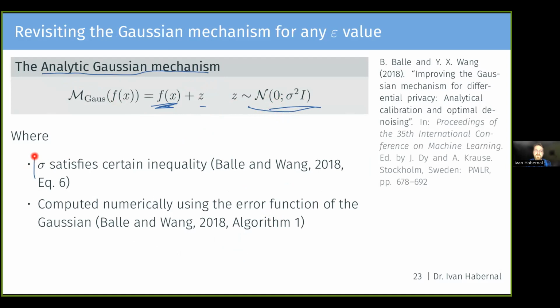But how we determine the standard deviation or the variance is much more complicated than in the previous one with the simple formula. Now the formula is much more complicated, and typically it's computed numerically using the error function of the Gaussian. For that, I would really recommend the paper by Balle, where you can also see the algorithm. And basically, this helps us have epsilons in the range of 0 to almost infinite, I would say.